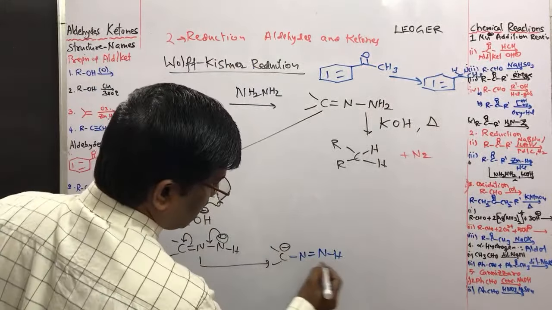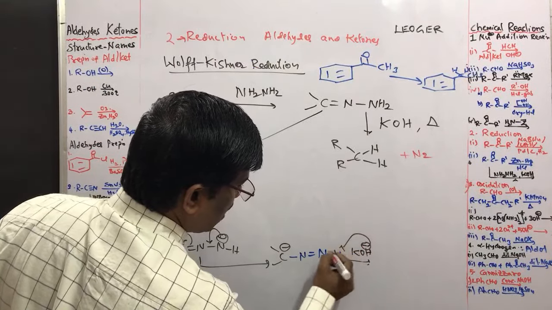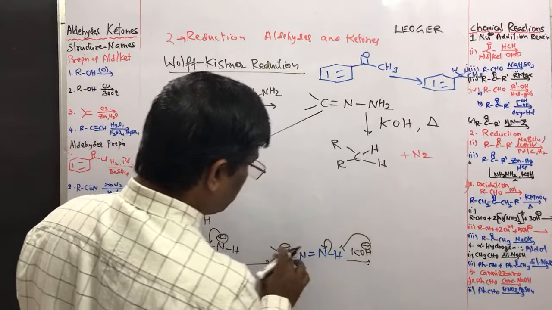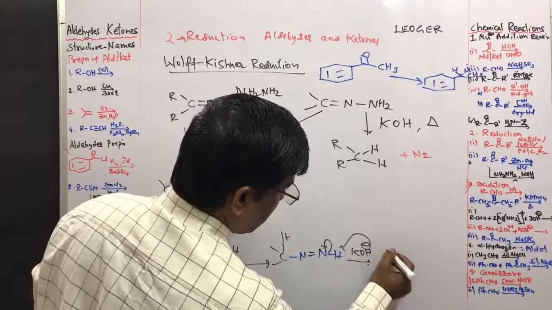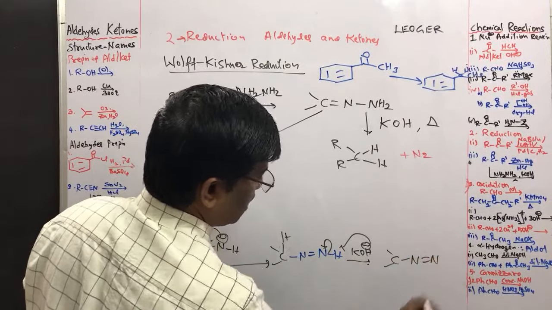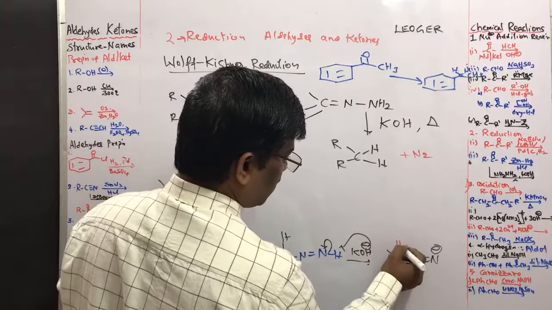At this stage, another molecule of KOH takes up this proton to form nitrogen minus, and it takes a proton to give carbon, nitrogen, and nitrogen minus. Already one hydrogen is here.